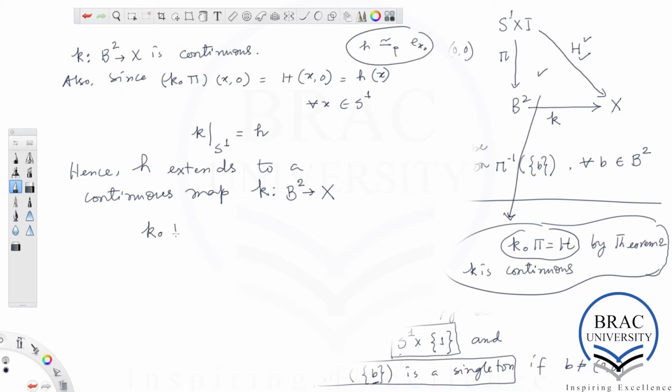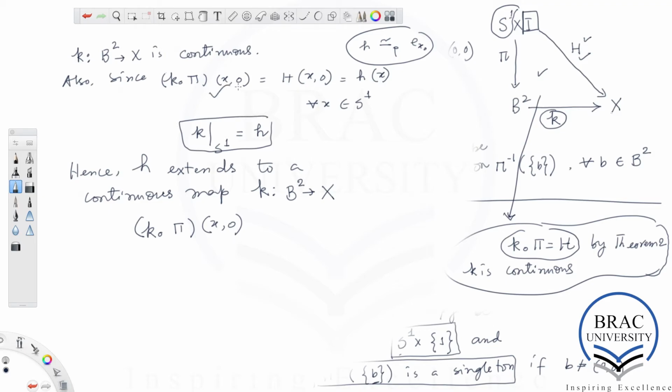K composed with pi evaluated at (x, 0) is actually nothing but K restricted on this part, since I'm just taking a slice from the cylinder, that means that I'm restricting my attention to the entire circle, not on this part. And that gives me this map h this way.